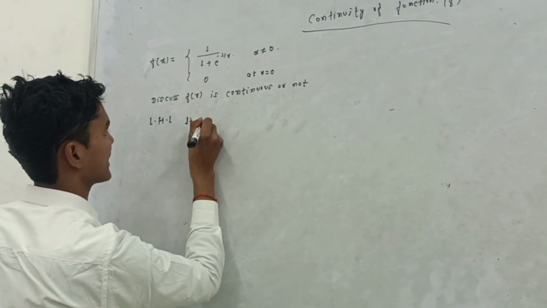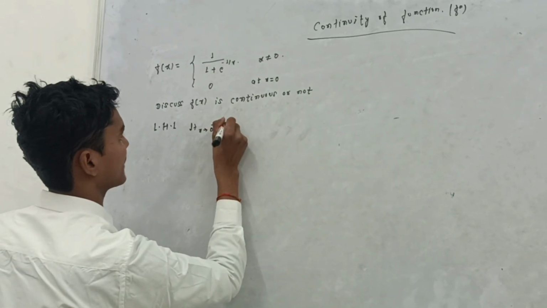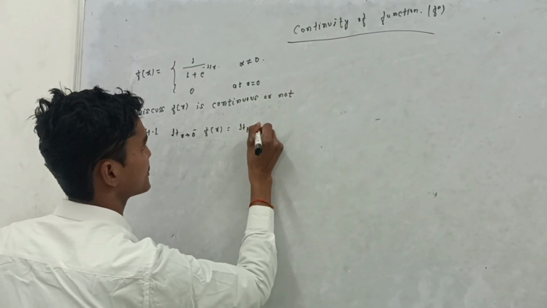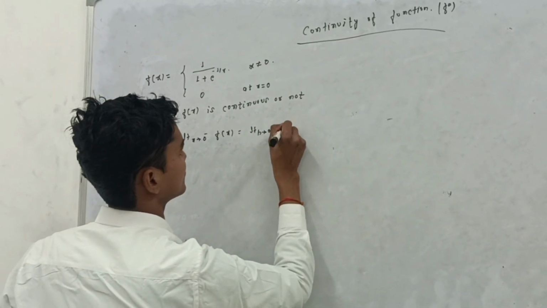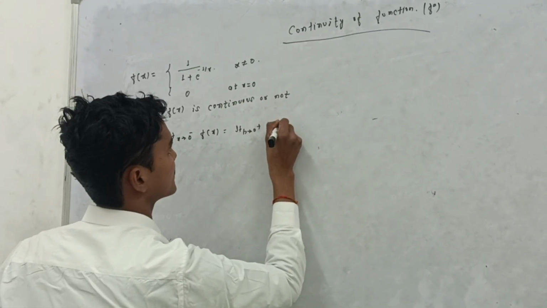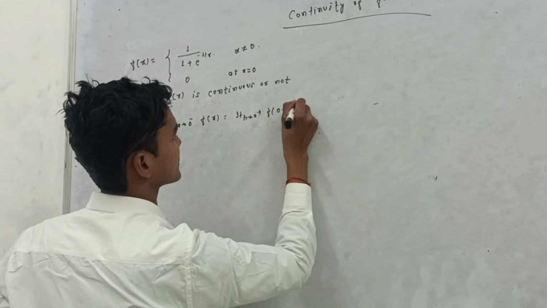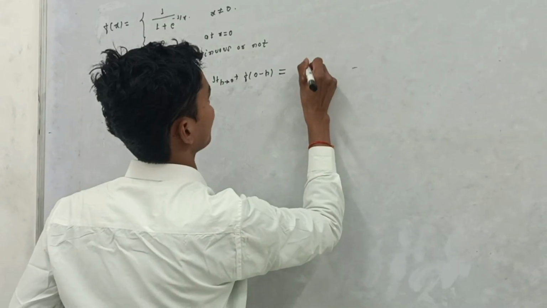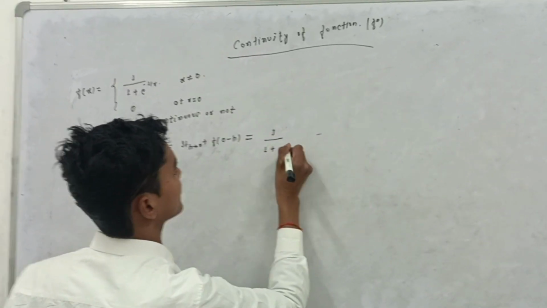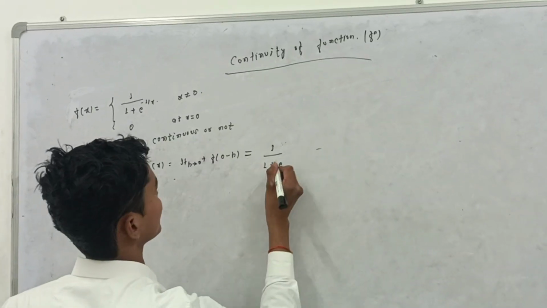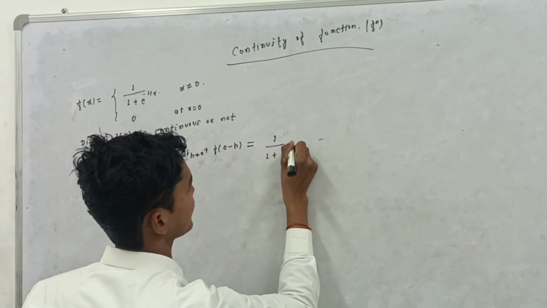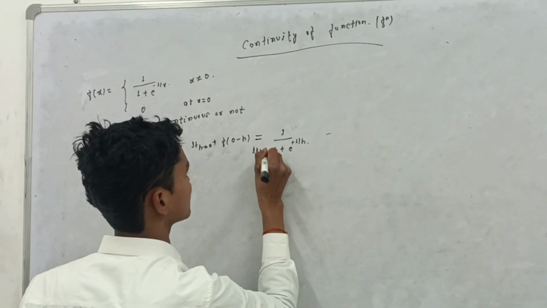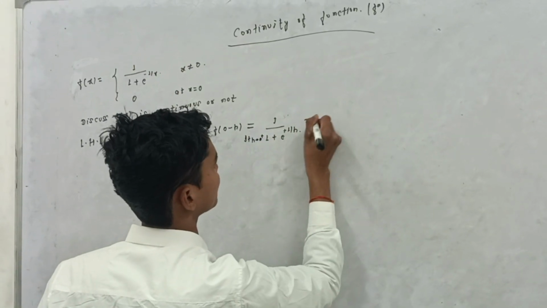Limit x tends to 0 minus f(x) is equal to limit h tends to 0 plus f(0 minus h), which is 1 upon 1 plus e to the power, since here the minus sign and the minus sign already present, plus 1 by h, limit h tends to 0 plus, that means the value is going to 0.